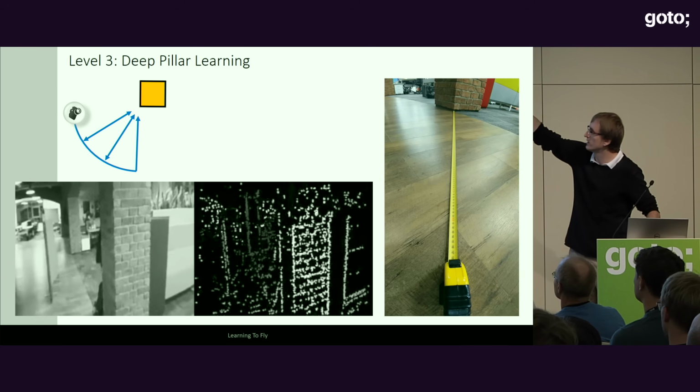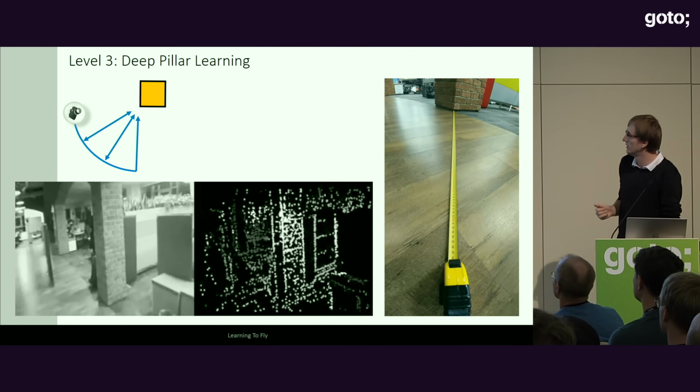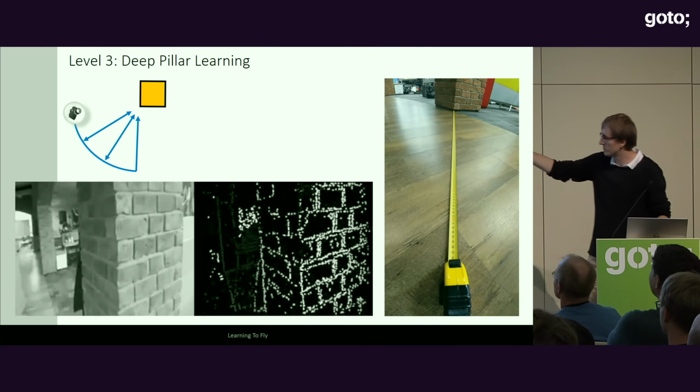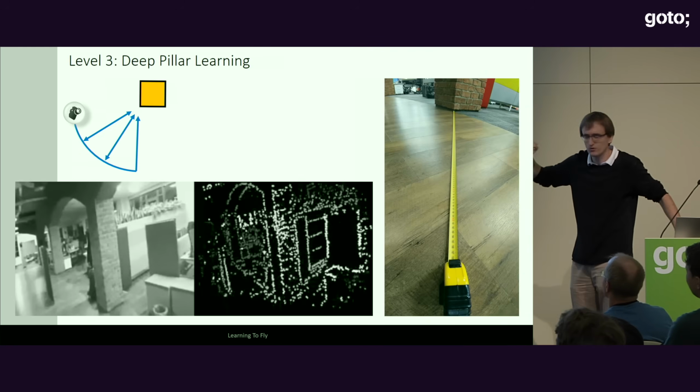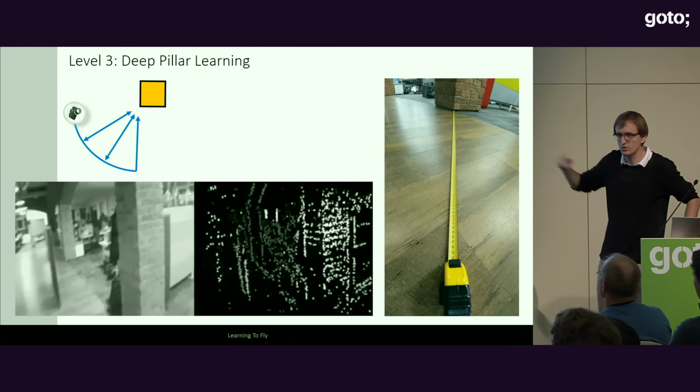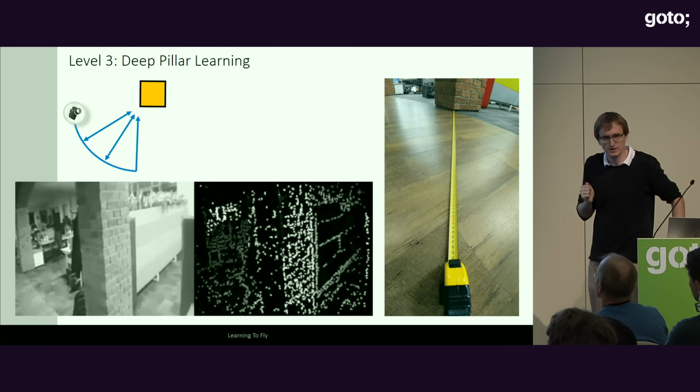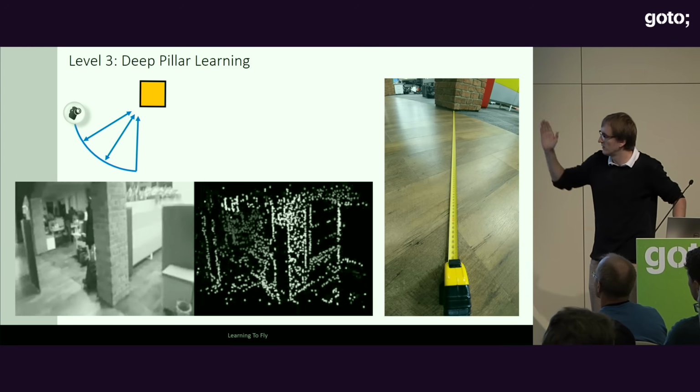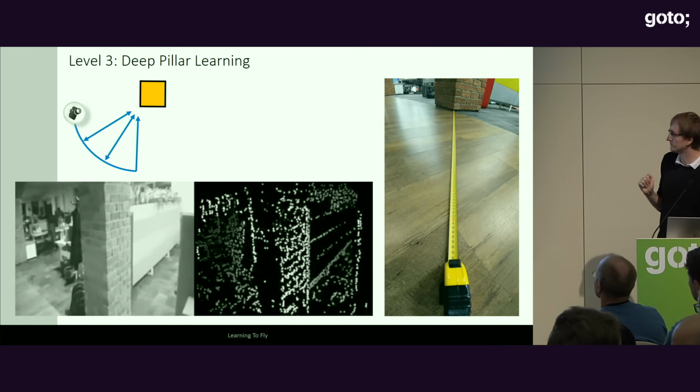For example, that's why we call it deep pillar learning. And then you are able to actually use structure from motion to produce depth maps for you, which will be your training set for your network.